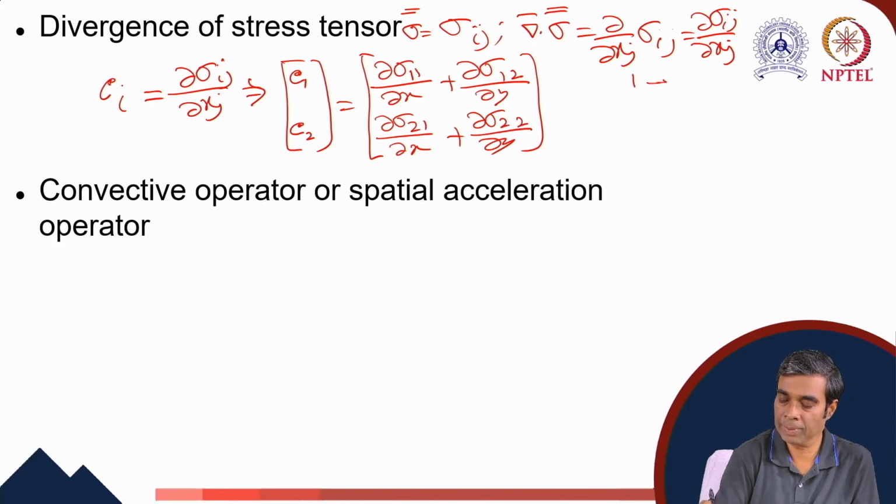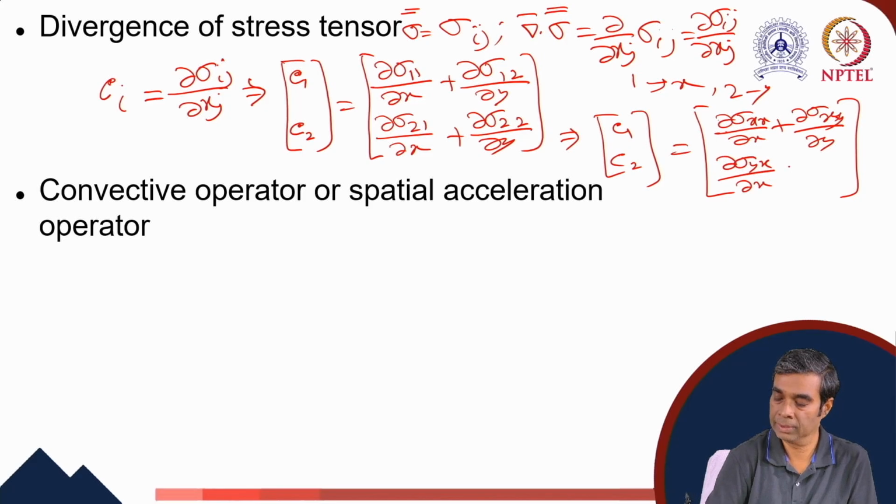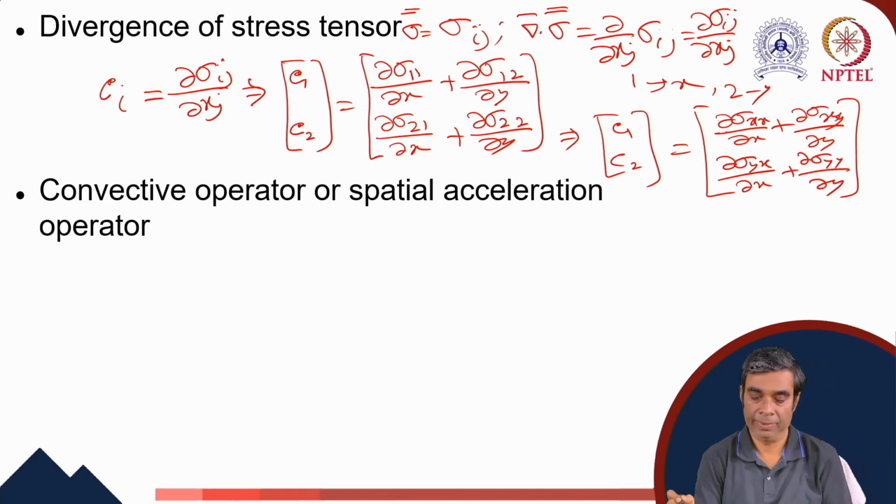Now representing 1 by x and 2 by y, this vector can be written as del sigma xx del x plus del sigma xy del y, del sigma yx del x plus del sigma yy del y.